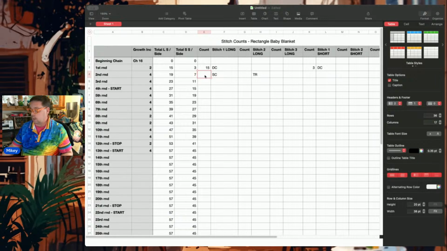So there's 10 single crochet, and that leaves 9 trebles. 1, 2, 3, 4, 5, 6, 7, 8, 9. So 9 trebles.